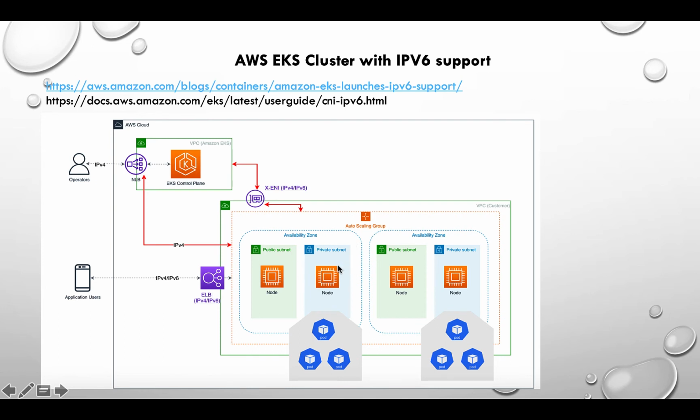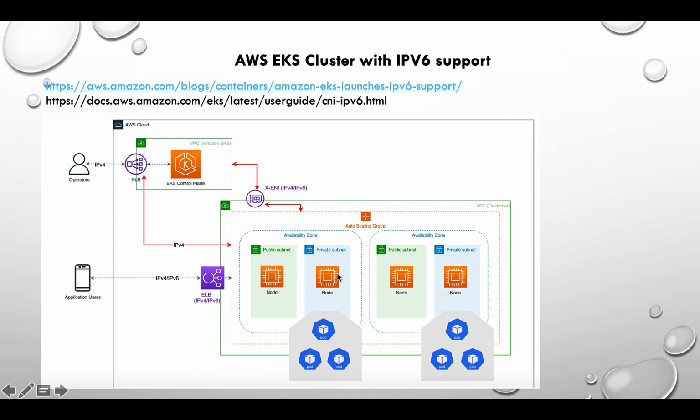Private subnets are used to deploy the pods and your services. They should never be on the public subnet. Public subnets are only used for the load balancer, so your load balancer can access the endpoint and hit the services. So where does IPv6 come in?